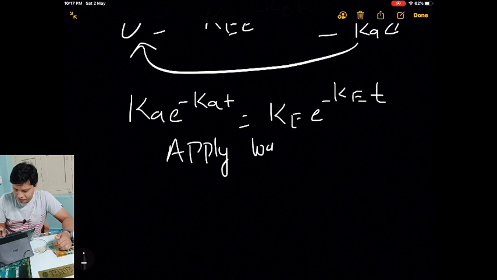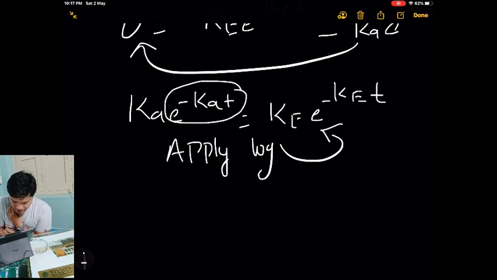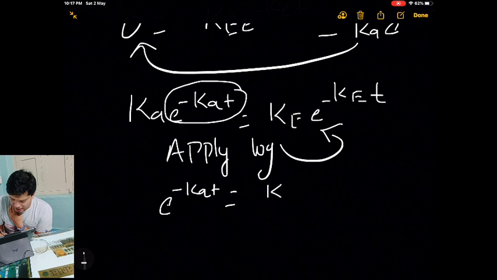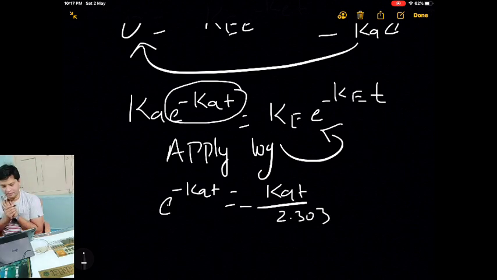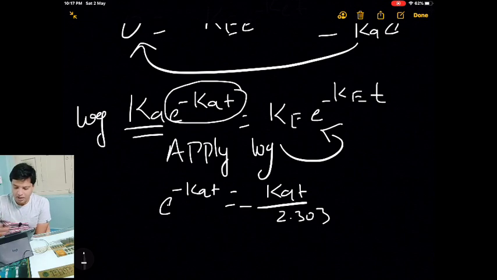When you apply the logarithm, remember this part: e to the power of minus kat will be converted to kat by 2.303, and the negative sign will remain here. Only this part is converted like this, and the other term gets log. This is the conversion factor, exponential to log. So apply log on both sides.